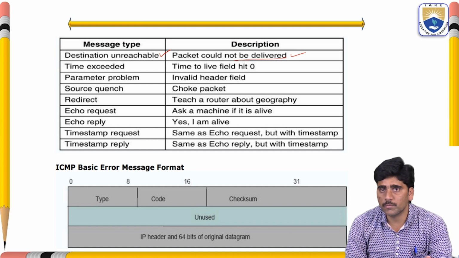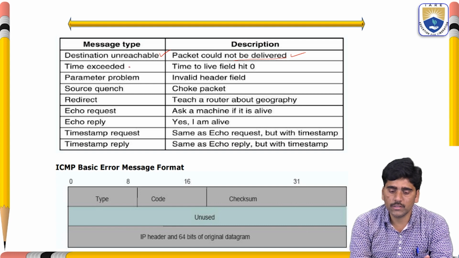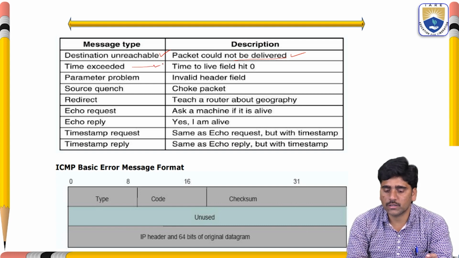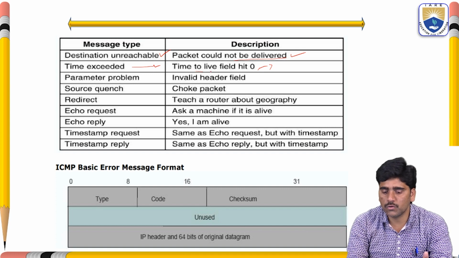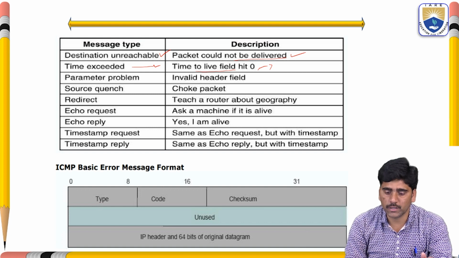The second one is time exceeded. The time-to-live field hit 0. That means it waited for some time to reach the target, but could not reach it. At that moment the time has expired, so the time-to-live field is 0, and it aborts due to time expiration.